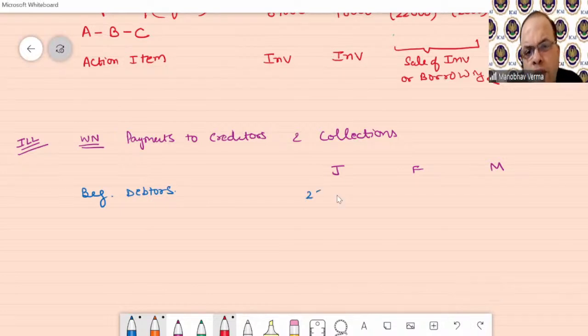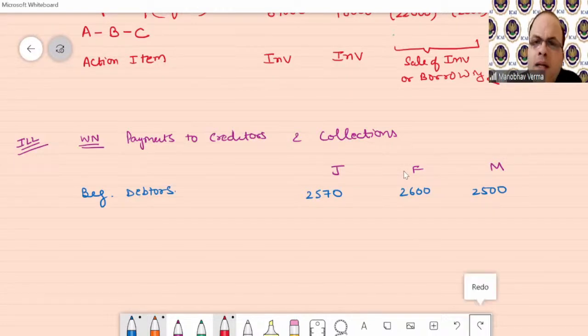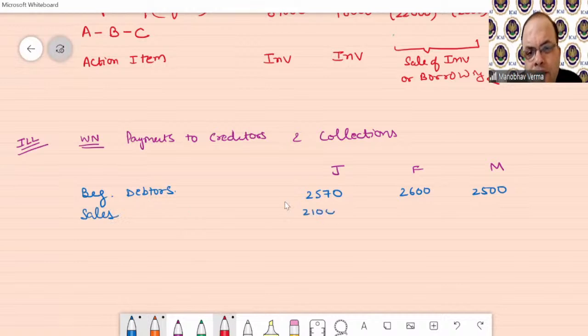So we have a 2570. And for the Feb and March will be the ending numbers of the previous month. So 2600 and a 2500. So that's what we have. And from the income statement, we can easily plot in the sales. So that's the sales with us, 2100, 1800, and a 1700.